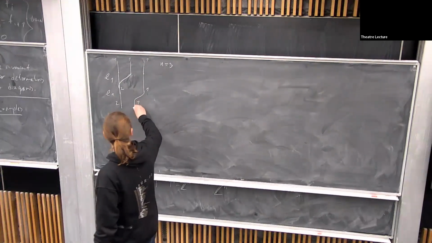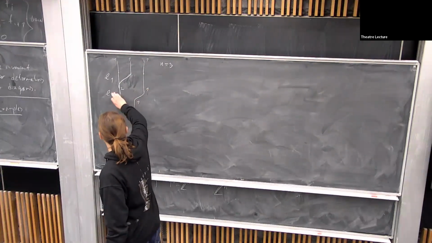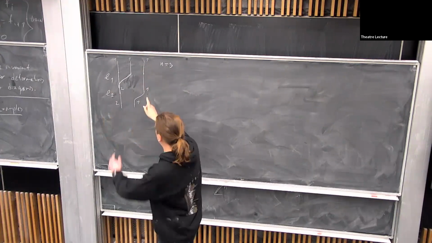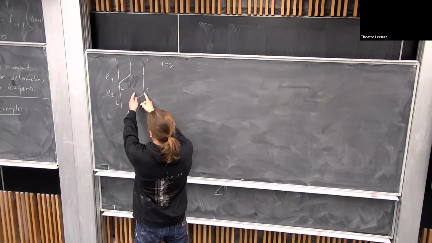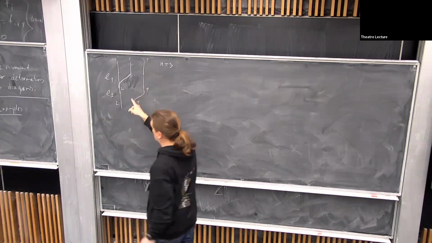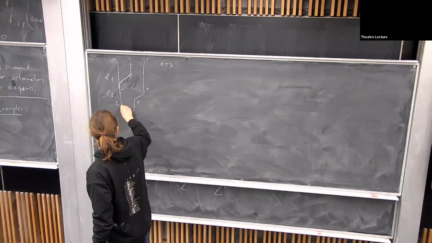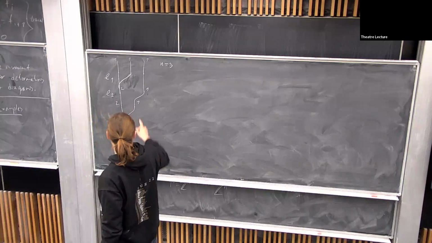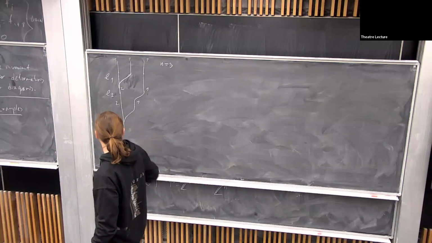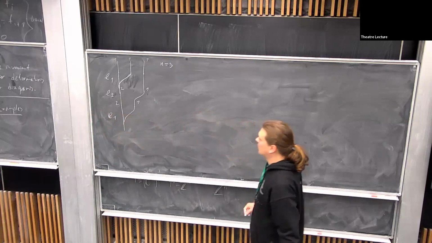So this is now E_2, right? I take positions 2 and 3, and what is acting between them is called E_2. Then you merge this together, and this is E_1.